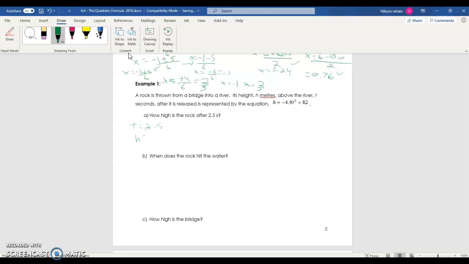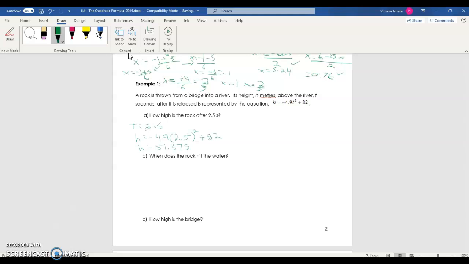So h is equal to negative 4.9 times 2.5 squared plus 82. And if you put all that in your calculator, you're going to get that h is equal to 51.375.